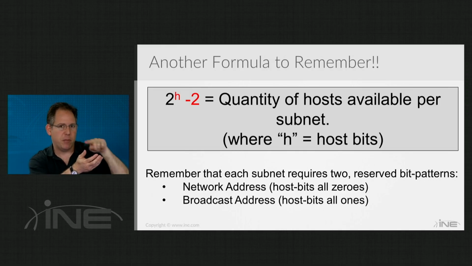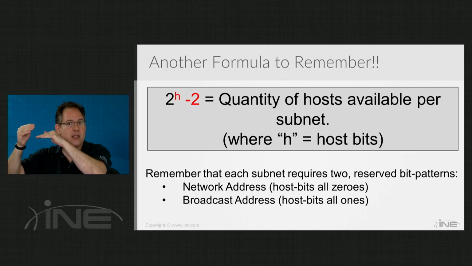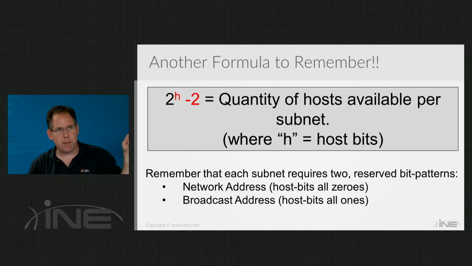You're looking at your host bits that are left over, and you're saying, okay, how many host bits do I have? If I've got 9 host bits left over, if each one of those subnets I've created has 9 host bits left over at the end, I say, well, with 9 host bits, 2 to the power of 9 minus 2 gives me how many hosts I have available.